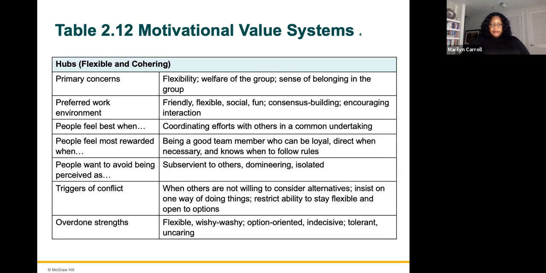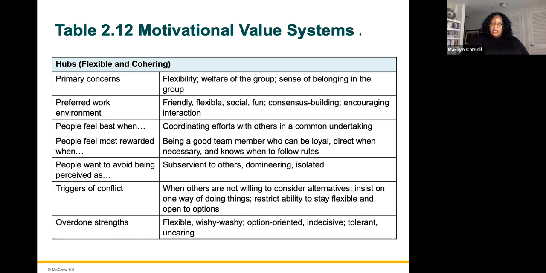Hubs, flexible and coherent. So their primary concern is flexibility, welfare of the group, sense of belonging in the group. Their preferred work environment is friendly, flexible, social, fun, consensus building, and encouraging interaction. Hubs feel best when coordinating efforts with others in a common undertaking.